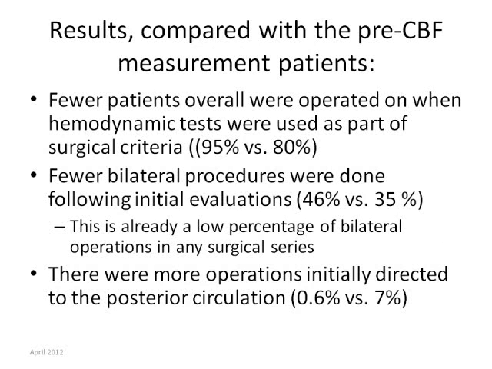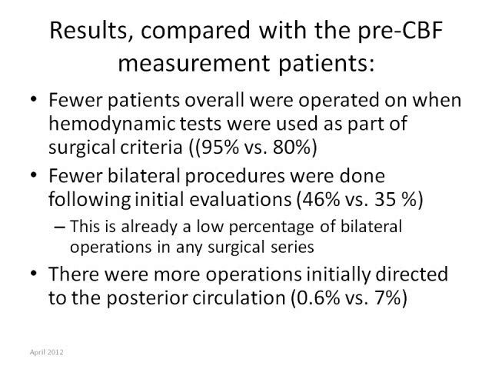It was 95% previously versus 80% now when you looked at the cerebral perfusion data, and you heard Dr. Nariai say we didn't operate on this patient even if the stenosis got worse because the perfusion data stayed the same. They did fewer bilateral procedures after these evaluations, 46% in the old days versus 35% now.